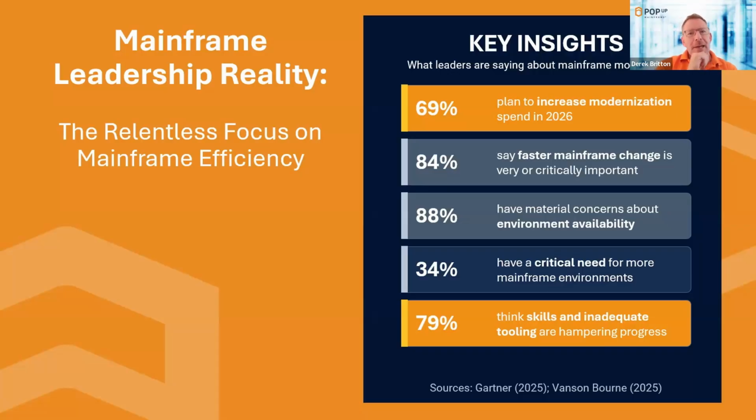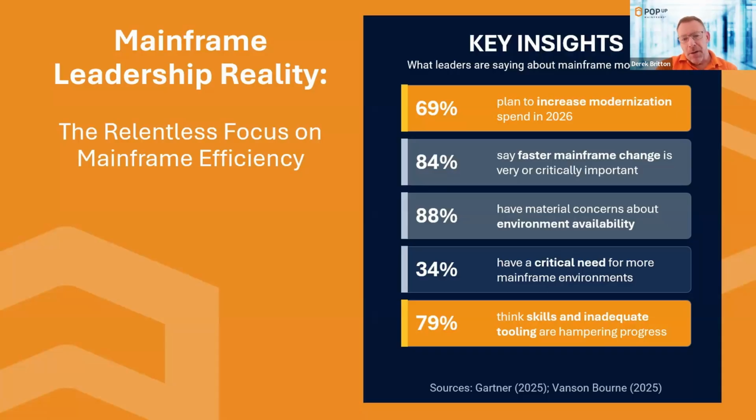And you can see on this screen, the keen-eyed amongst you, the word modernization, which is a sort of catch-all phrase used to talk about how major change is being executed in the mainframe world. It was interesting to see Gartner Group reports ahead of this year that 7 out of 10 leaders are going to be spending more on this thing called modernization than ever before. And so budgets are continuing to support actions and aspirations on the mainframe.